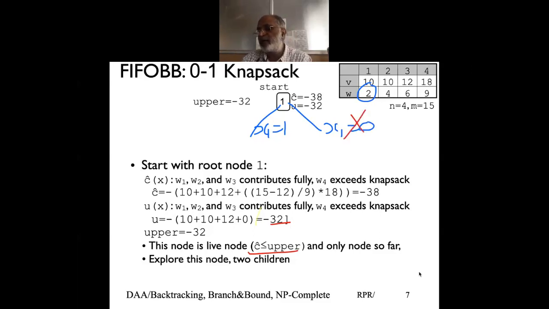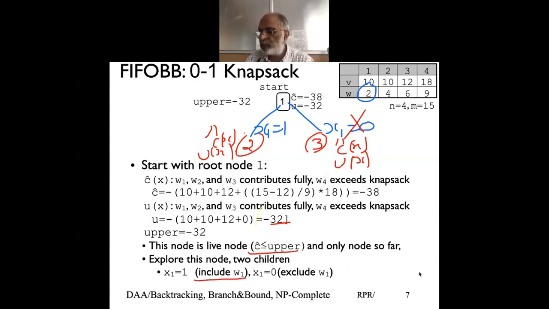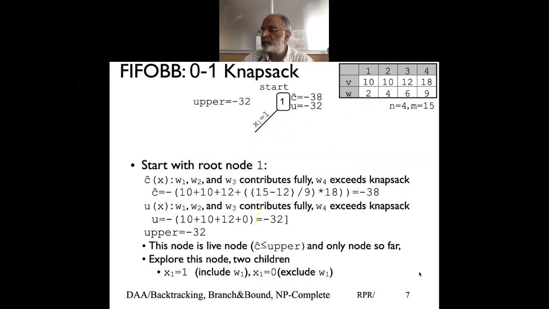And these are the two nodes I'll get: node 2 and node 3. Then we compute again C hat x and U hat x for these, which are the estimated cost and upper limit, and follow the process. So x1 equal to 1 includes the weight w1, x1 equal to 0 means exclude w1, and let's see how we proceed with this.